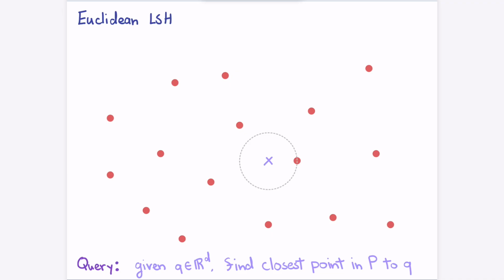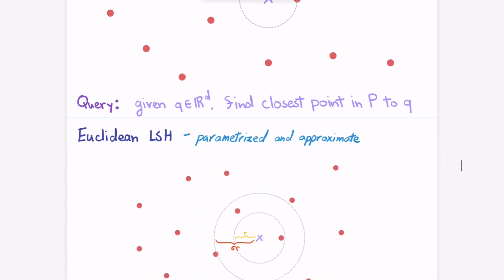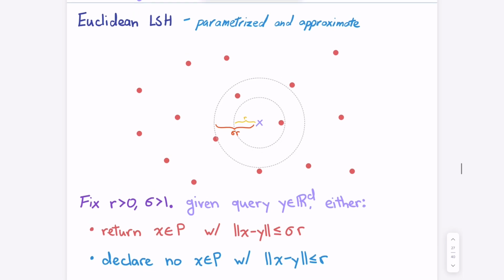Now you're just trying to get a Euclidean distance between points. And we're going to do the same game as before. For some reason, I used R and sigma here. I think we'll just make that 1. But before that was 4. Random or arbitrary. Same game as before: either you find something with Euclidean distance at most 2 times your target, or you declare that there's no point within the target distance.